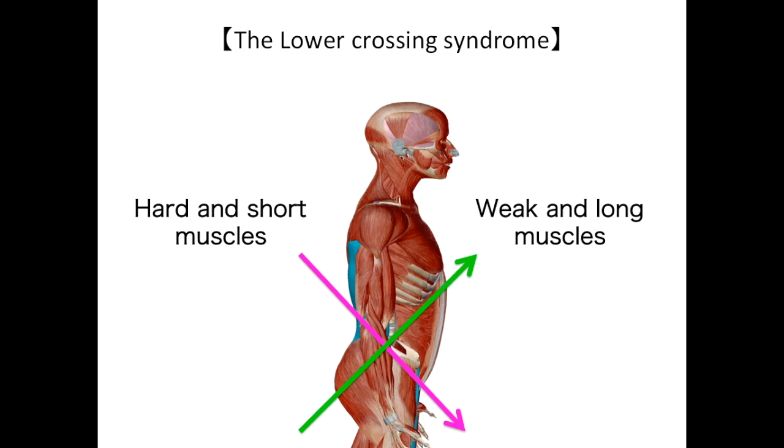It causes a condition called lower crossed syndrome: hip flexion as shown in the previous figure, pelvic anteversion, and lumbar lordosis lead to the development of pain from lower crossed syndrome. The muscle in the purple hatched area is short and hard.